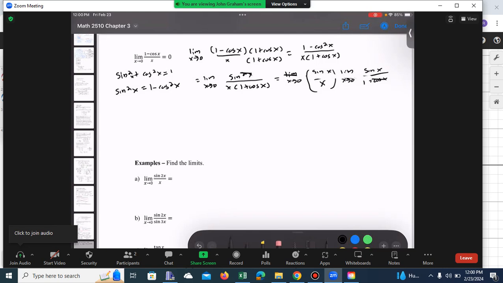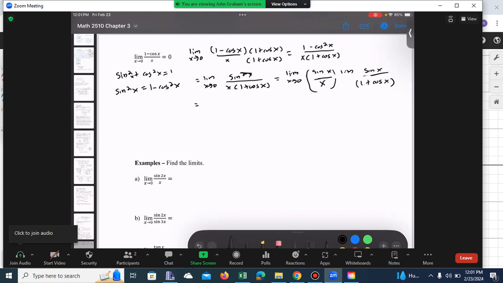Right. So since we're on this step, the limit of sine of x over x times the limit of sine of x over 1 plus cosine x. Now remember, the limit of a product, limit of f of x times g of x, is equal to the limit of f of x times the limit of g of x.